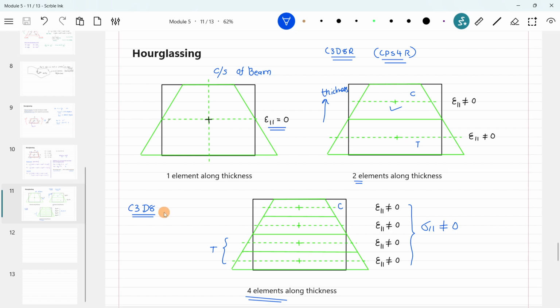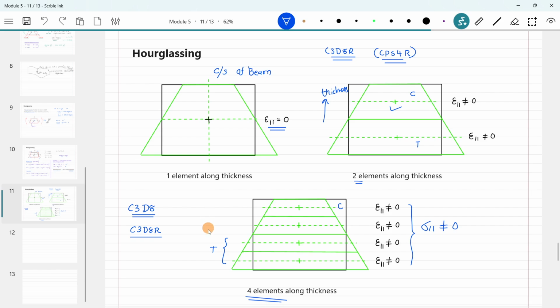Sometimes this may not be a feasible option. And for bending problems, if we use C3D8R, we get hourglassing issues. For that, the simple quick fix is that we use a minimum of 4 elements along the thickness.